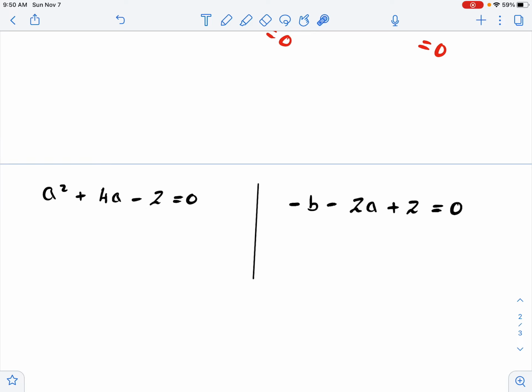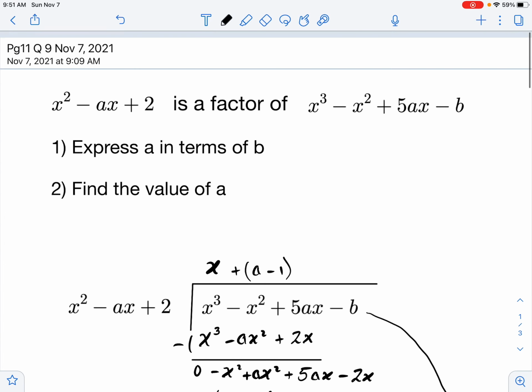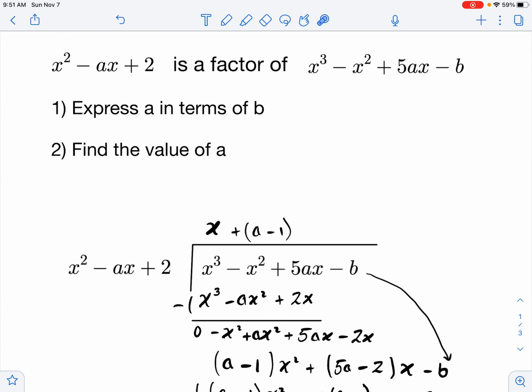I notice on this one here, I'm in a only, so potentially I could solve this for a, and here I'm in a and b. So what I'm going to do is rearrange this equation, because I remember that I'm tasked with expressing a in terms of b.